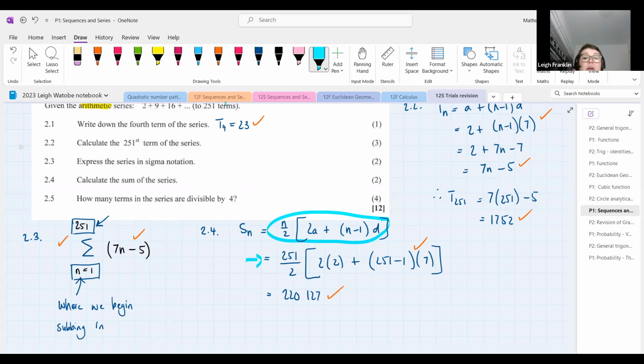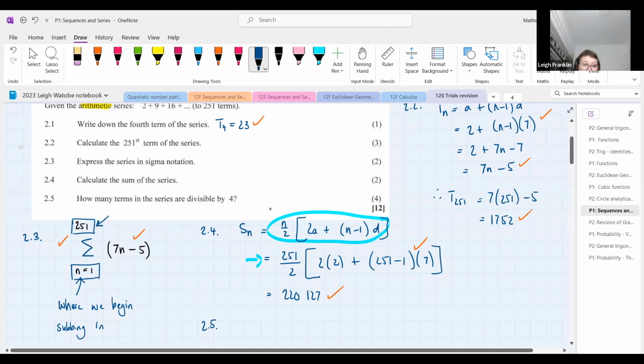Okay, so now we've done all the easy questions. Now we're going to do something that requires a little bit more effort. They want us to determine how many terms in the series are divisible by 4. How many terms in the series are divisible by 4?